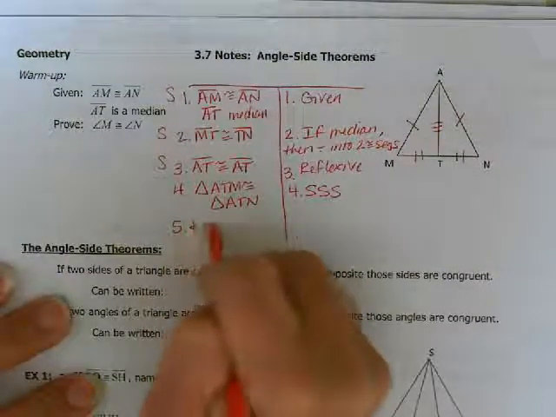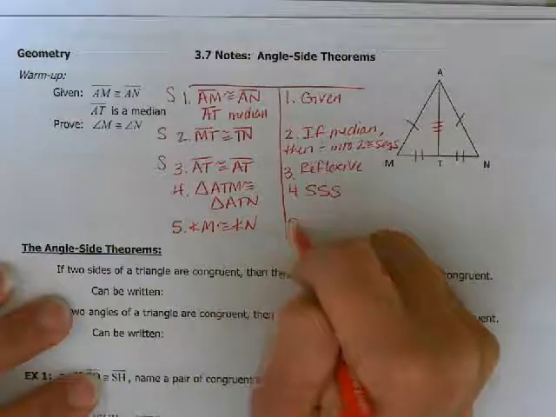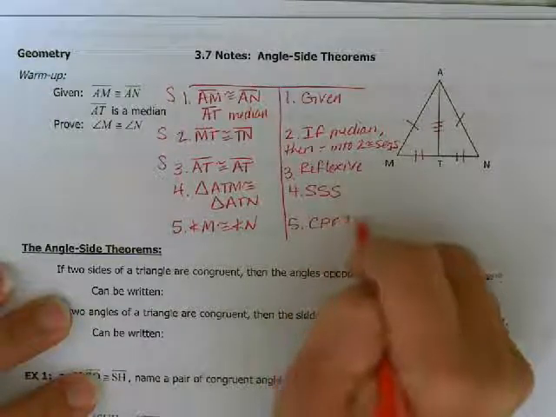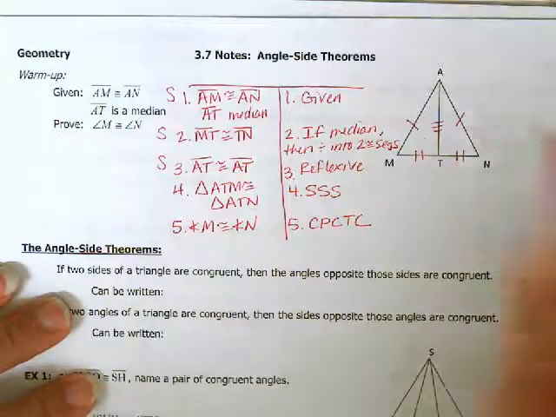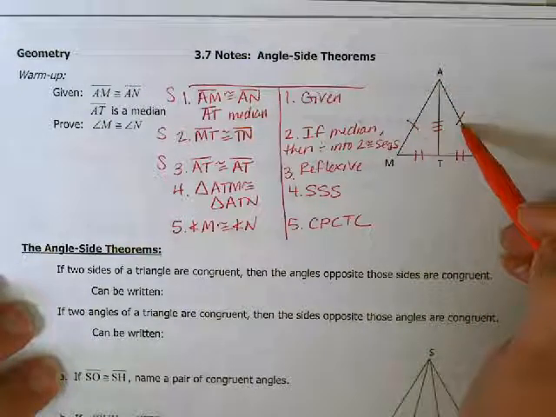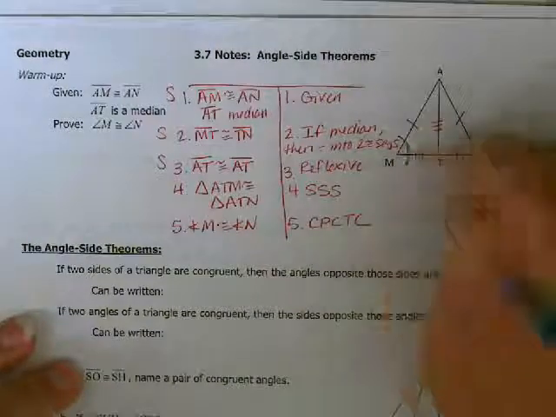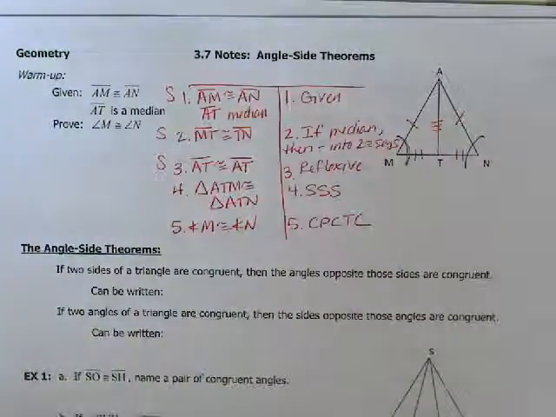And then we can see that angle M is congruent to angle N by CPCTC. So you can see that we started off with an isosceles triangle, and what we ended up proving was that the base angles of this triangle were congruent.